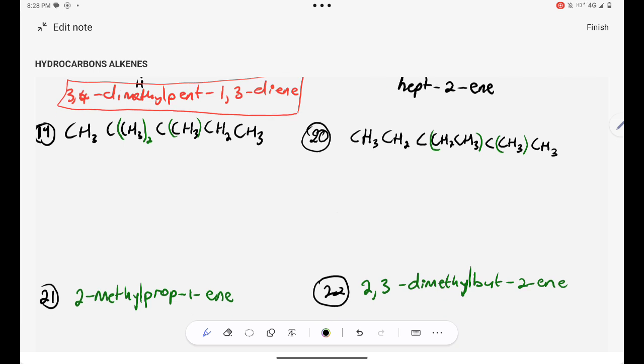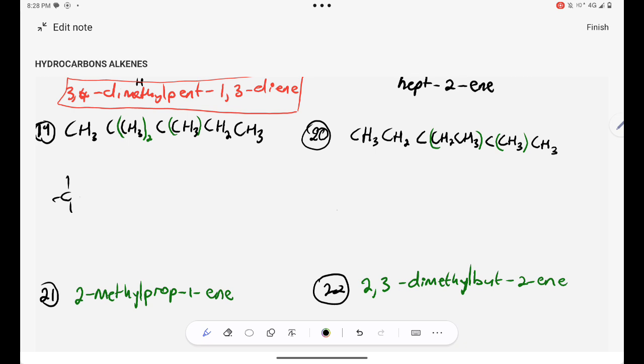Okay, let me do it for you. That's CH3. I have a C and 2 CH3s there, and then I have a C with the CH3. These are supposed to be CH, not CH2.